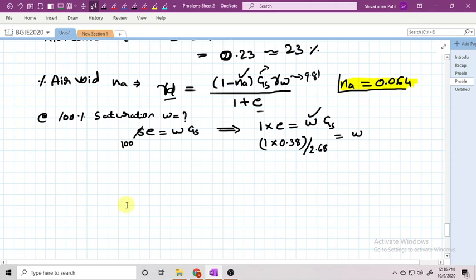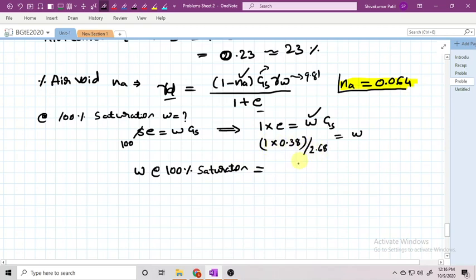So what is the water content at 100% saturation? Saturation is equal to how much? 0.38 divided by 2.68.